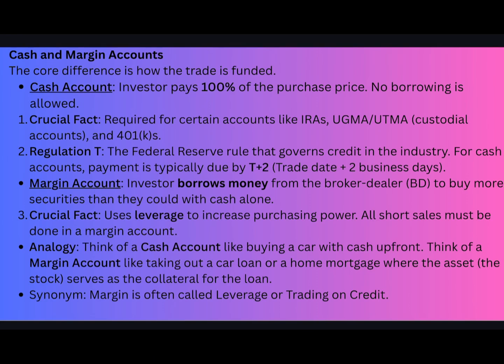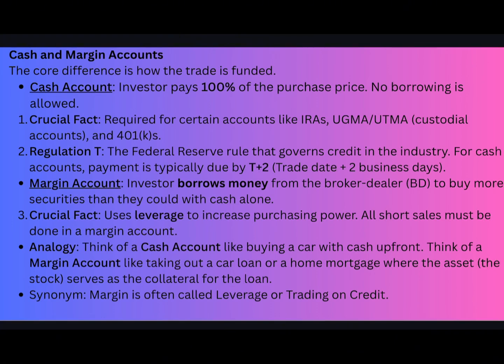The regular way settlement is an industry standard enforced by the self-regulatory organizations, mainly FINRA. In addition, the federal government has an expectation for timely payments under the Federal Reserve Regulation T. Under Regulation T, payment must occur not later than 2 business days after the standard settlement period.